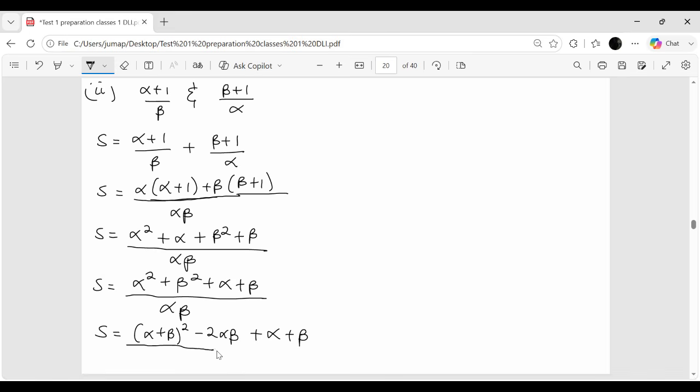Then you say over alpha beta. Now you can calculate the sum. Therefore, your sum is going to be equal to, what is alpha plus beta? It is negative 3 because you're going to use this. It's just the same question.